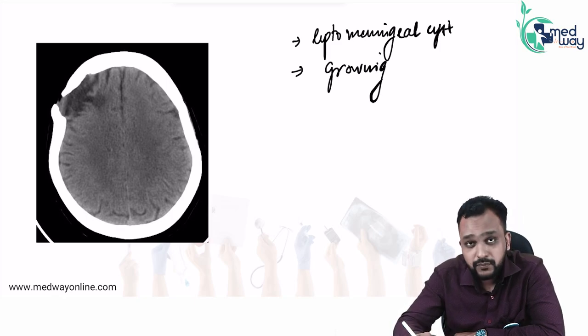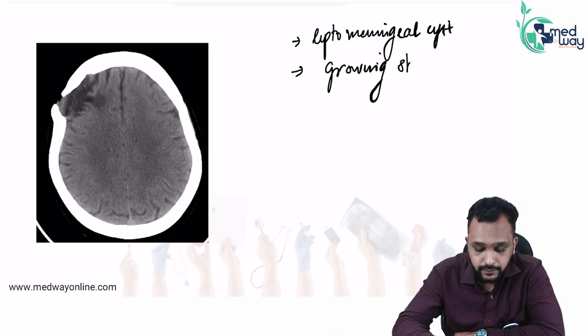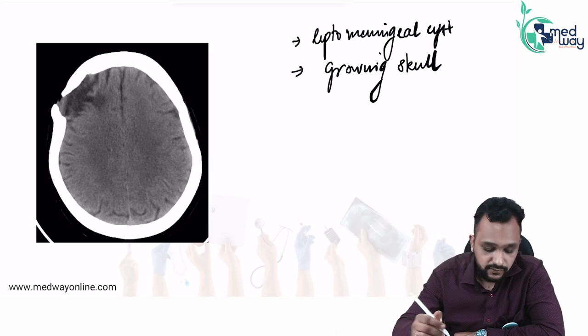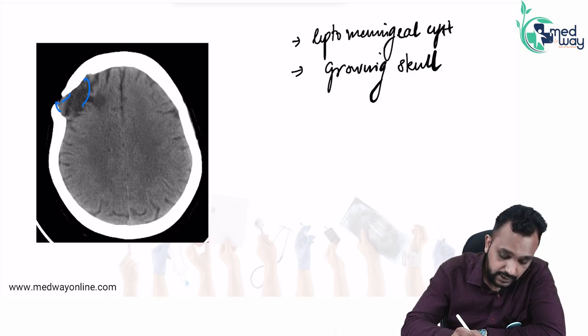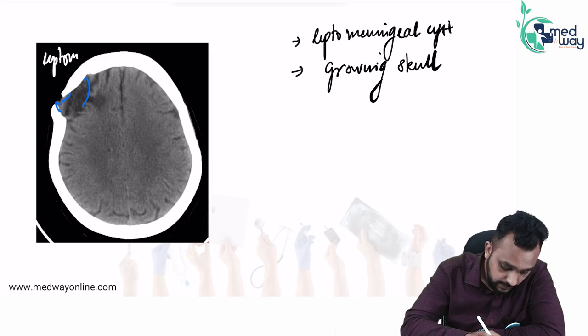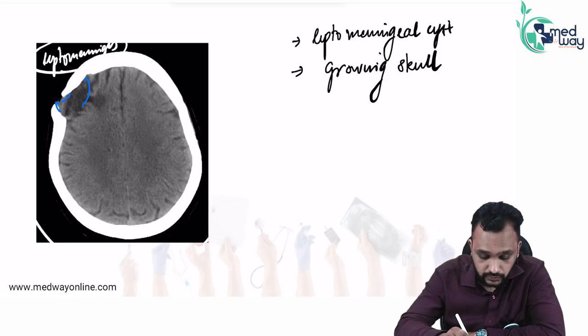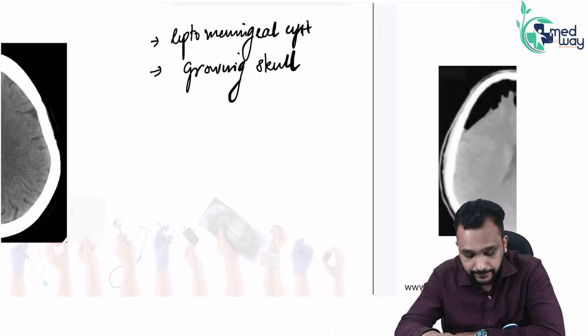There is a skull vault fracture, and through that skull vault fracture there is herniation of the meninges as well as gliotic changes, herniation of leptomeninges, and the underlying gliotic changes will also herniate. So this is known as growing skull fracture, right, or leptomeningeal cyst.